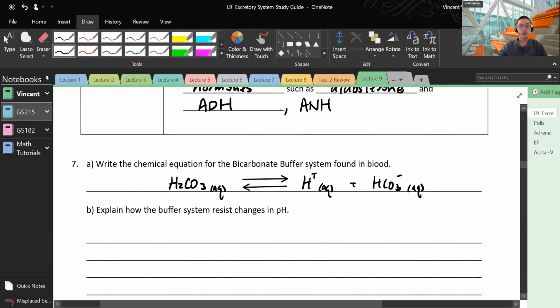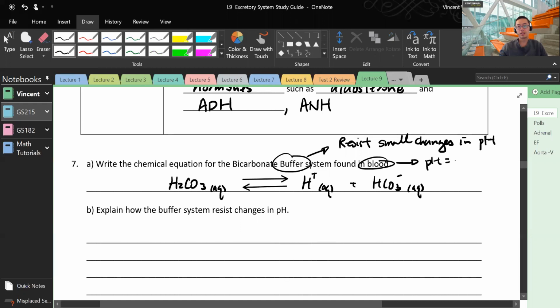So a buffer system is a system that will resist small changes in pH. So the blood pH is 7.35. If it gets too basic, then you will shift to the right and make more H+. And if it's too acidic, then it will shift to the left to remove the excess H+. So that's basically how it works.